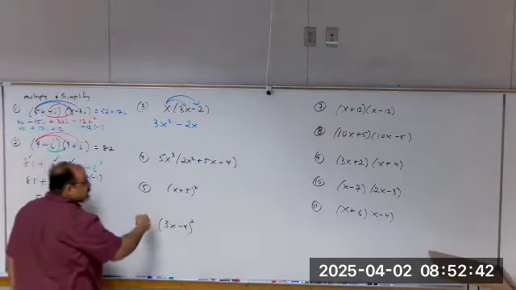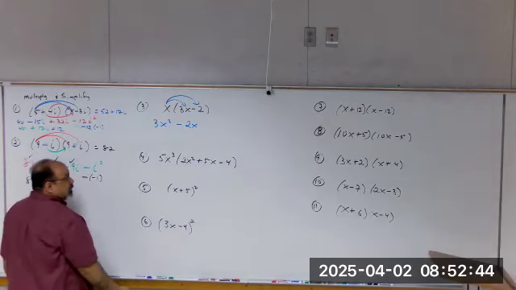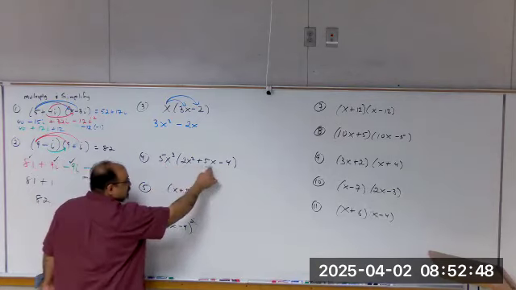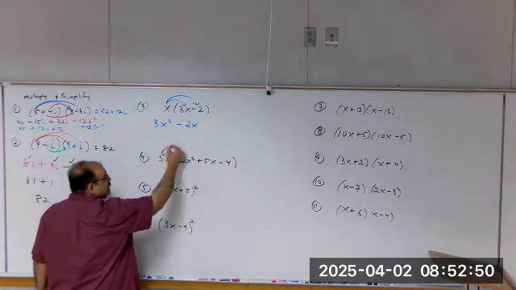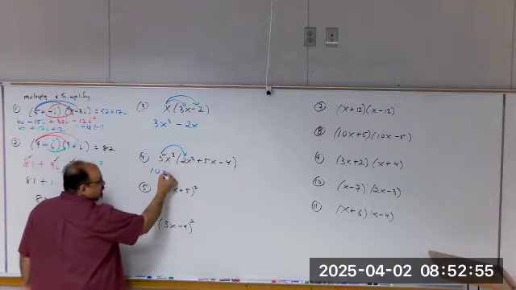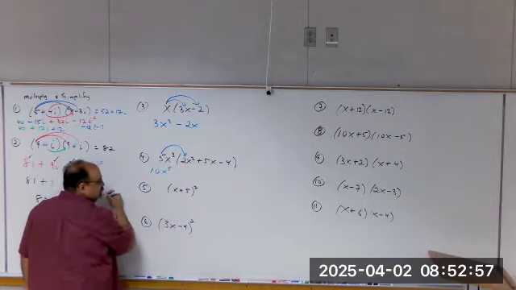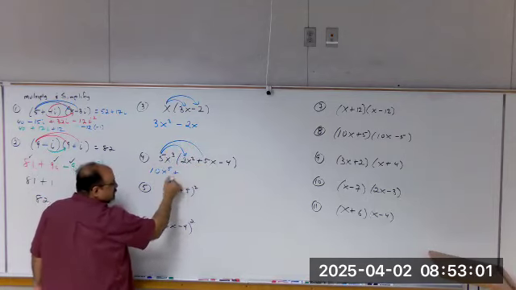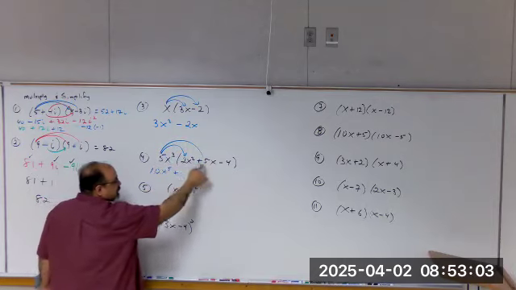I'm going to go straight to the answer, but if you need to see more detail, you tell me. We distribute. This is a single term times each individual term. 5x to the third times 2x to the second is 10x to the fifth. 5x to the third, positive times a positive, going to be a positive, 5x to the third times 5x.